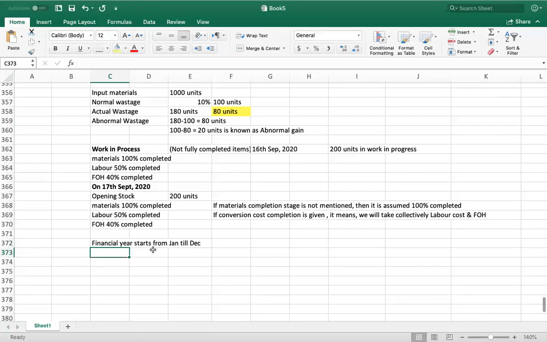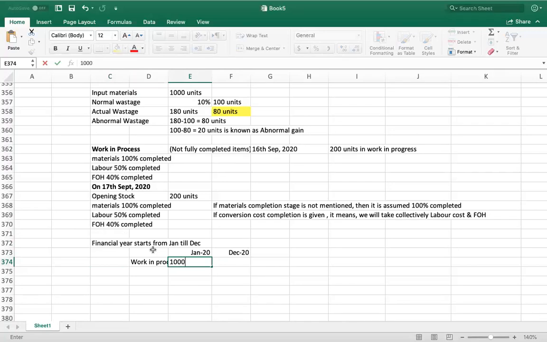For example, it is given 1,000 at January and 1,000 at December. Can you tell me which one is opening and which one is closing?